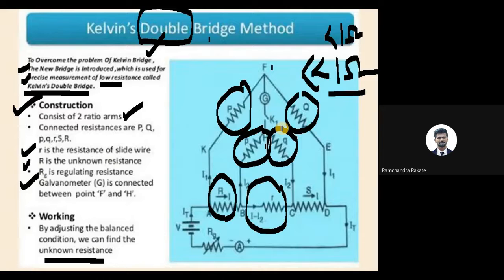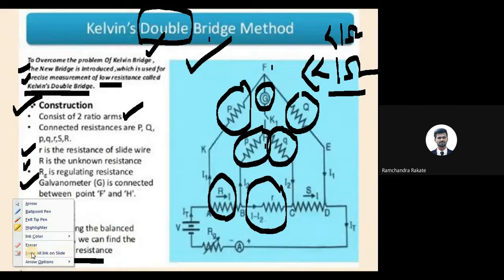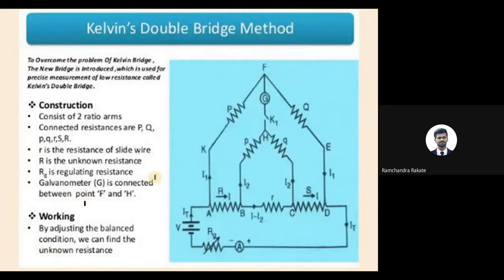When the galvanometer gives null deflection, then we say our bridge is balanced, and whatever value is present at that particular instant is measured in our Kelvin double bridge experiment, and we will obtain a precise reading. Correct? Let me clear this first. This is what we are looking for.